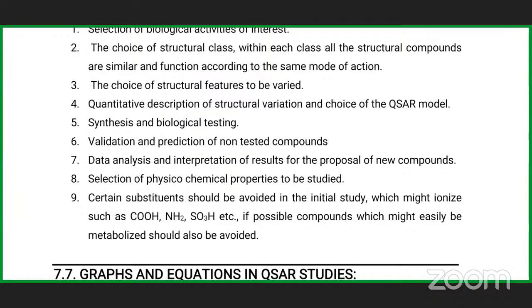It will be studied, and certain substituents which might ionize, such as COOH, NH2, and SO3H, should be avoided in the initial study. If possible, compounds which might be easily metabolized should also be avoided.